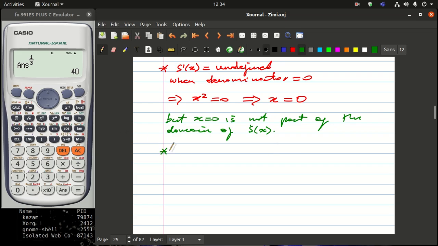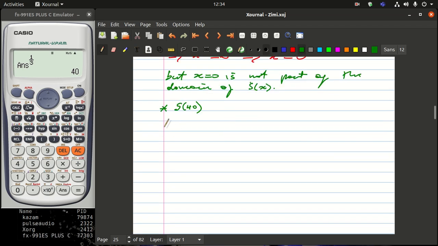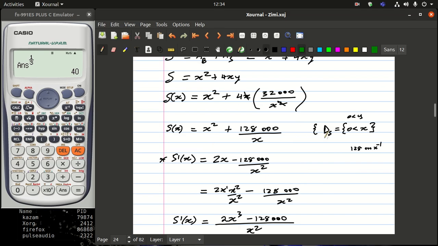But once you have done that, the next thing that you have to check, you need to find out what is s of 40, because the first x is 40, and then the next thing that you want to find out is what is going to be s of 0. This 0 here is actually the same as this 0. No, it's not really this 0, but okay, we can say that it is the same as this 0. What I was referring to is the 0 which was part of the intervals that were given for this function, because we cannot have a 0.